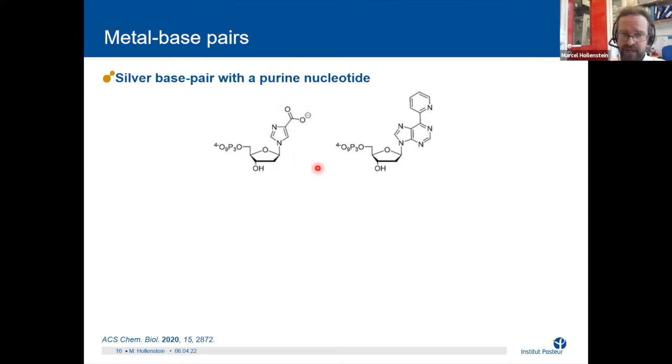So one is an imidazole-modified nucleotide, where the nucleobase was replaced by this imidazole moiety that bears a carbonyl function to further coordinate metal cations, and this modified purine nucleotide that has a pyridine instead of the amine of adenine, to have a bipyridine system.